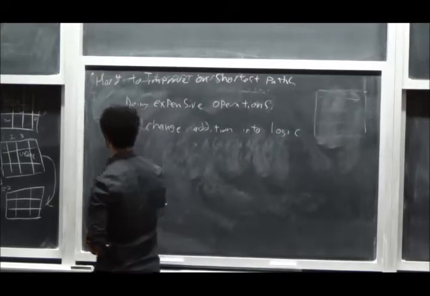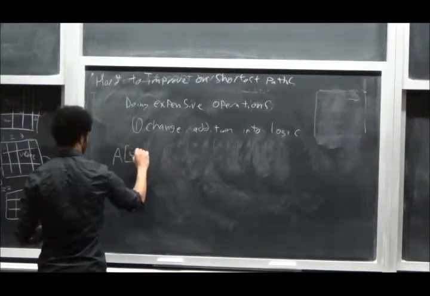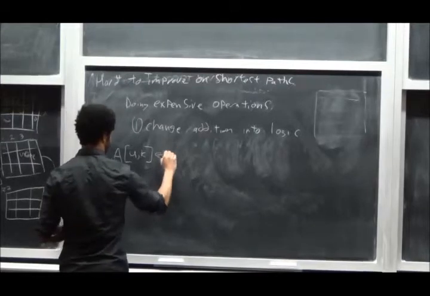Meaning specifically, we can take the operation where we do A given a previous K value, U, V, where we can change this operation.